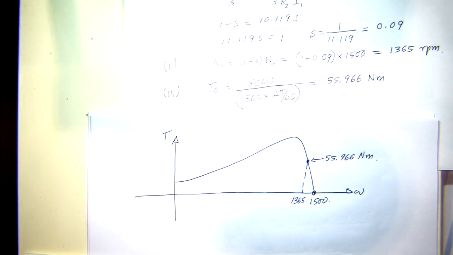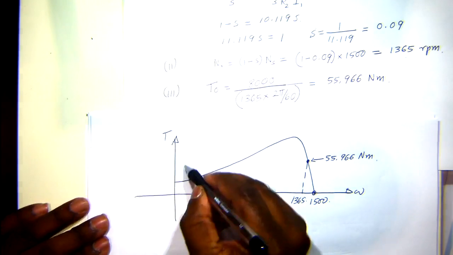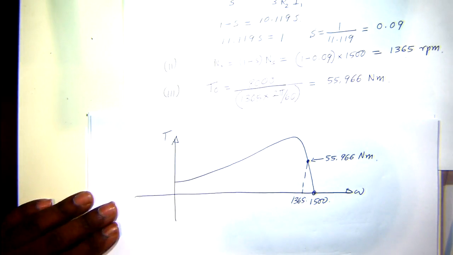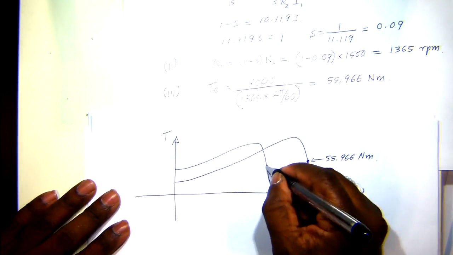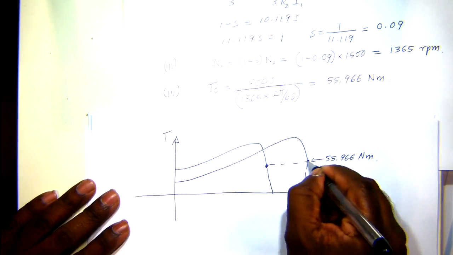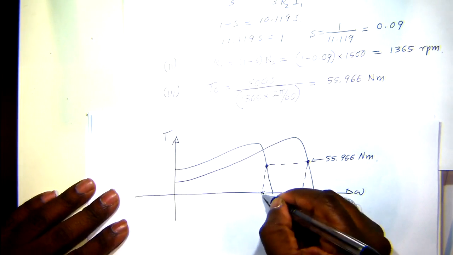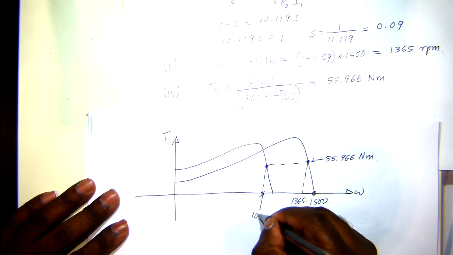That's the original operating point, and we need to change frequency and voltage such that you operate this at the same torque, and you have a rotor speed of 1065 RPM.